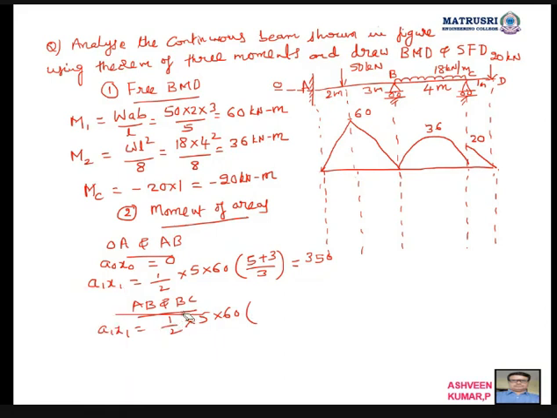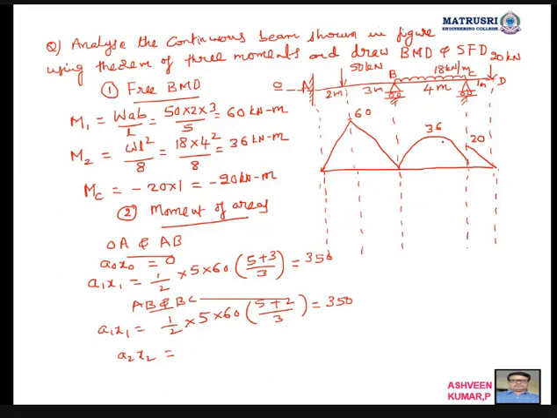Please all of you concentrate here. I want to take from A, so from left side. Left side L plus A by 3. So L plus A by 3. I got here 350.